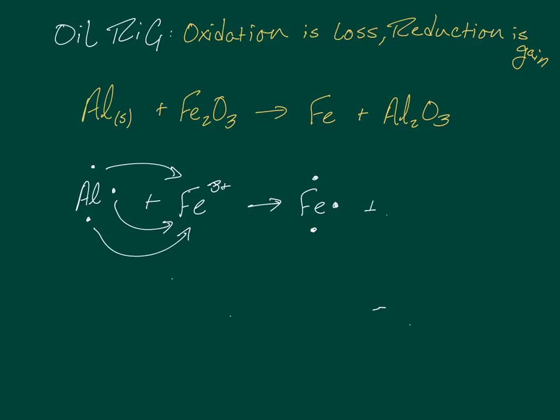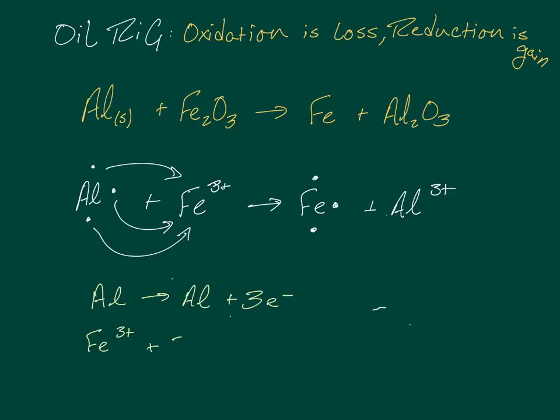And we get aluminum 3 plus. So what's really happened here is we have aluminum, and it's turning into an ion because it's losing 3 electrons. And those 3 electrons are gained by iron, because we have an iron 3 plus.